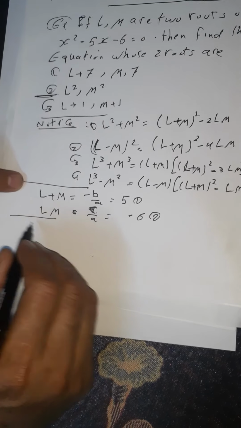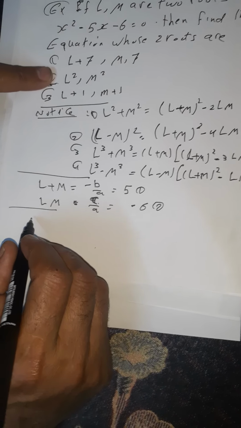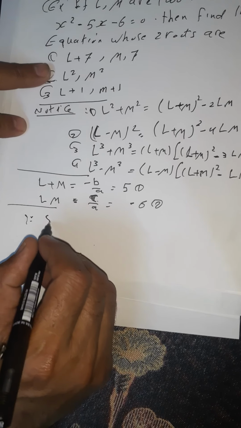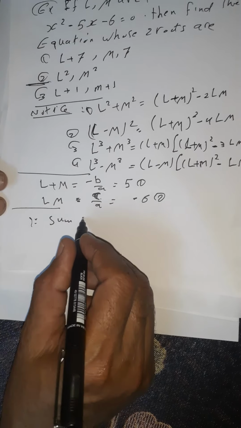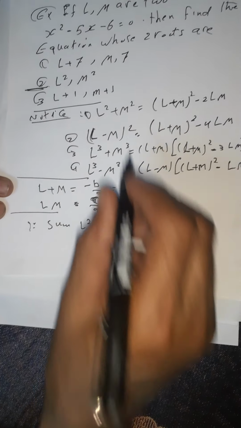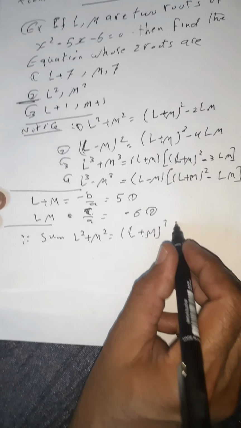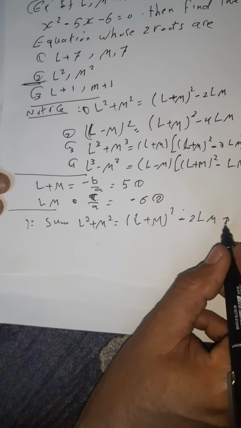We need to find the sum of the two roots of the new equation. The sum of the two roots, L power 2 plus M power 2, equals, from the notes, L plus M all power 2 minus 2LM. This is number 3.